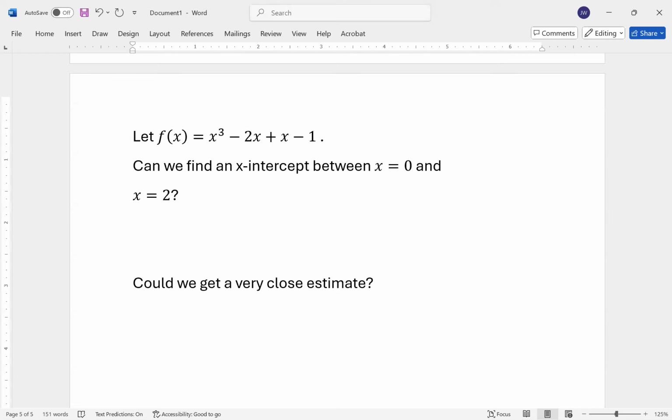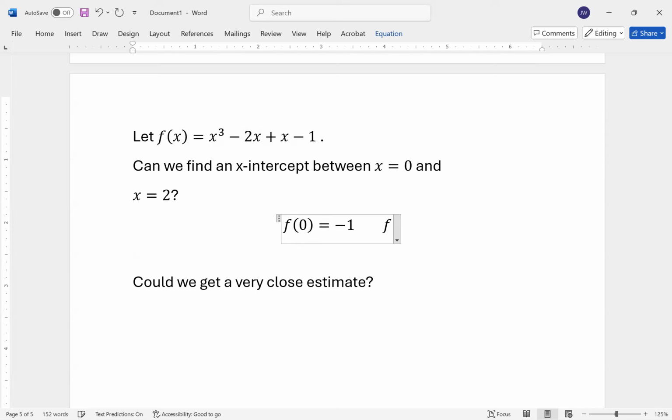So what we would do is start out by plugging 0 into my function. I'll go ahead and do that in my head. 0 to the third minus 2 times 0 plus 0 minus 1 gives me a minus 1.